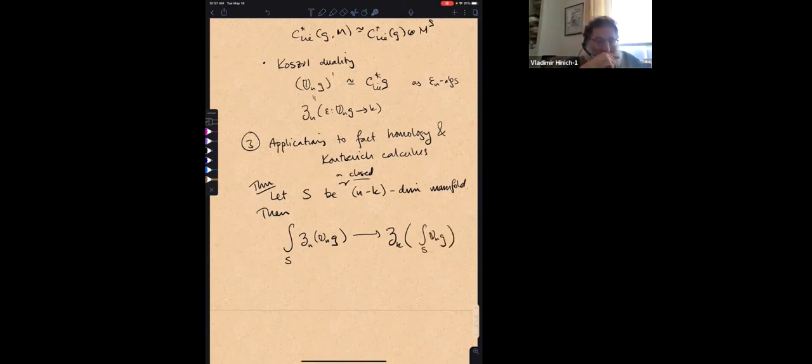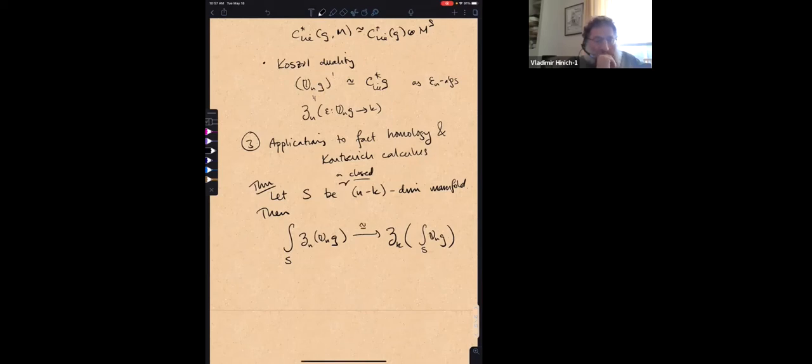If you take an E_n algebra and take its factorization homology over this n minus k manifold, you get an E_k algebra, and you could ask about its E_k center. And the claim is that this is actually a weak equivalence.